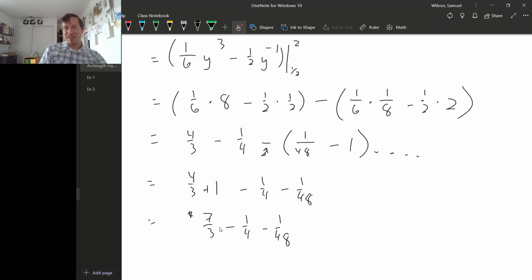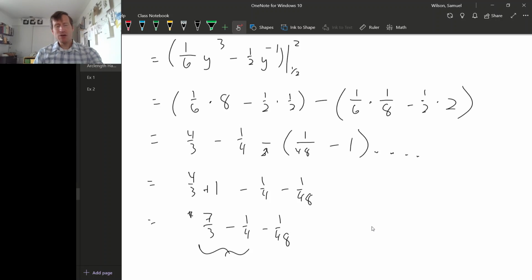Right? 7/3 is 2 1/3, and we're subtracting 1/4. So this is just a little bit bigger than 2. So it looks like we are going to get something in the neighborhood of 2. That convinces me that we didn't make any sort of gross algebra errors as we did this calculation.